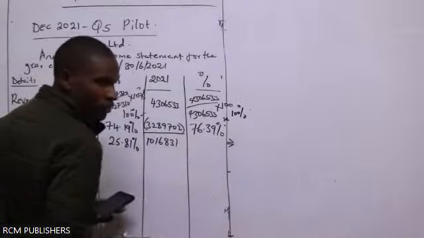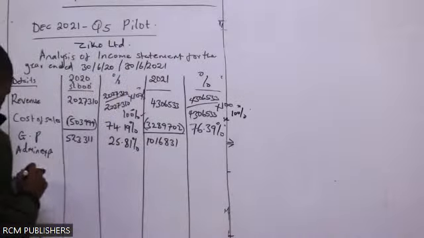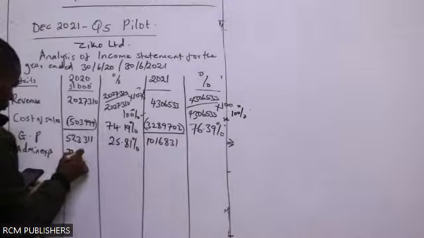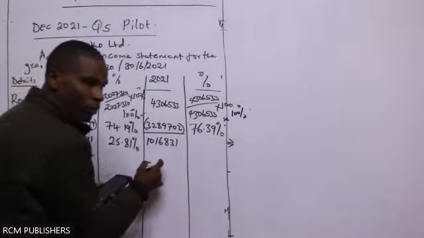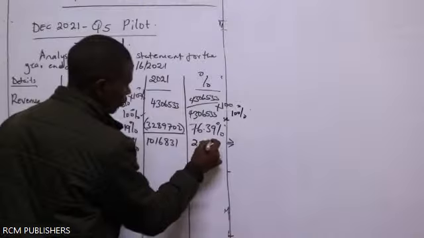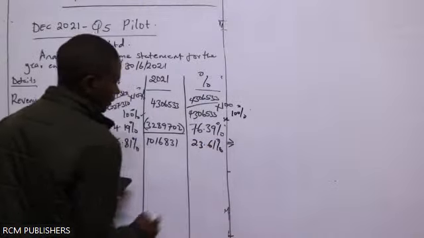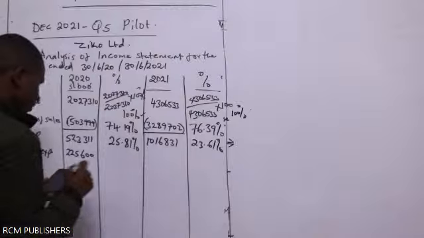So you are bright. What about this one? 25,600. About this one? 23.61%. We move to the admin expenses.